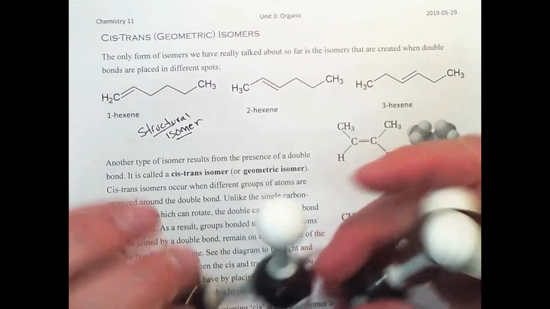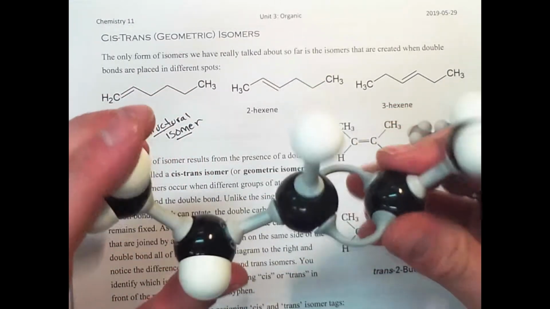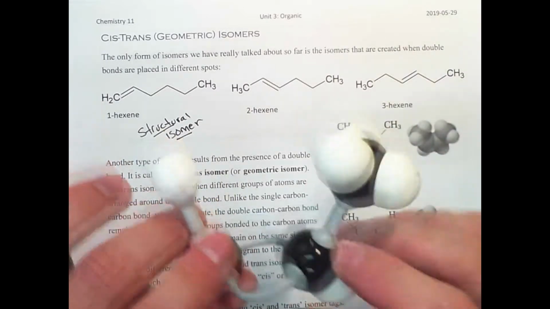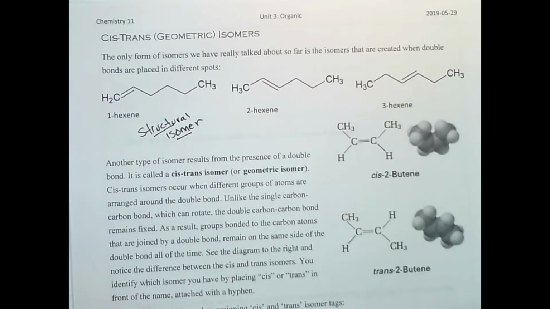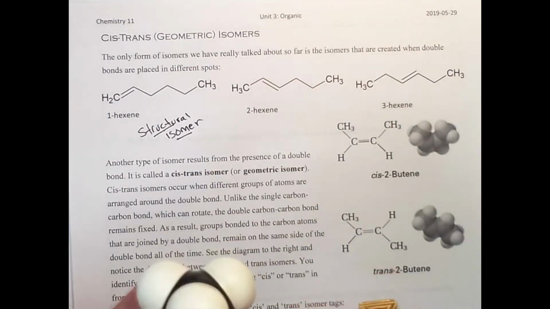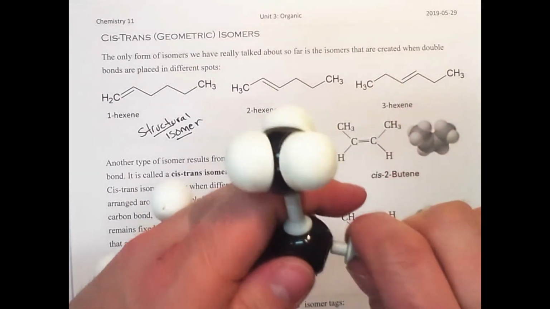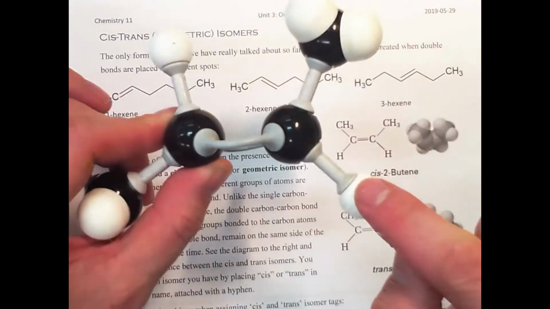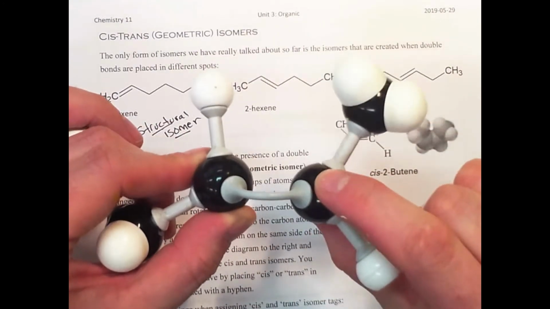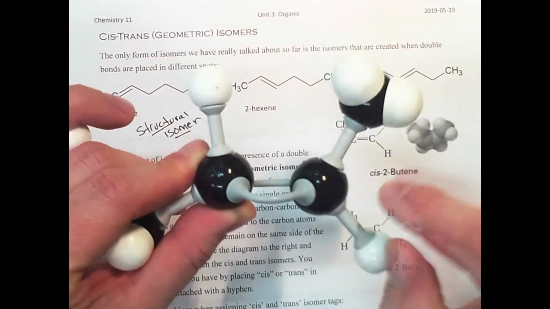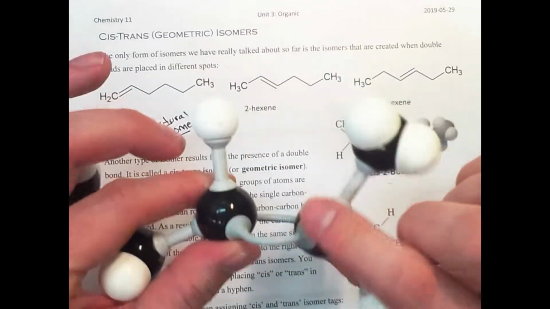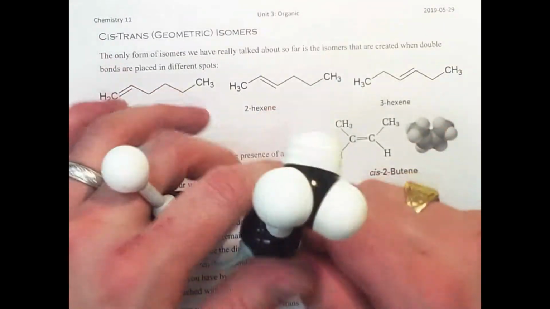And what that means for us is that because I have this problem, let me just make this hydrogen a little bit more explicit. Because I have this problem, it means that when I have two hydrogens on opposite sides of the molecule, they're going to stay there. And chemically, if this were a single bond, they could just rotate, but because it's a double bond, they can't.